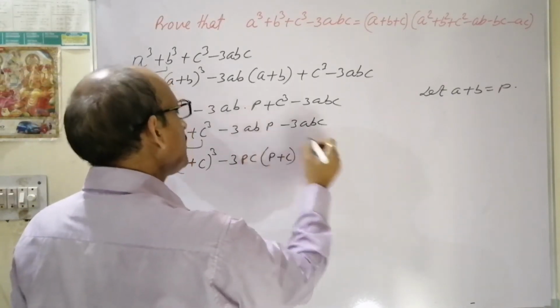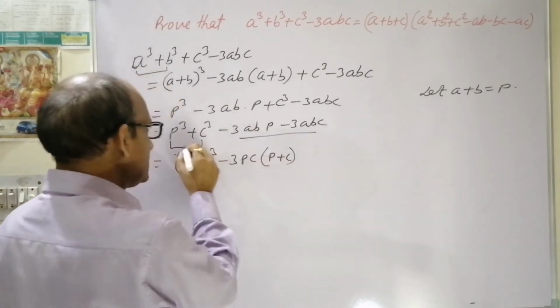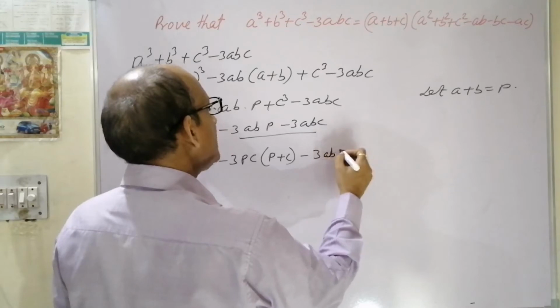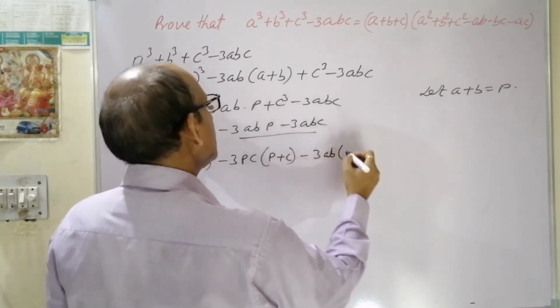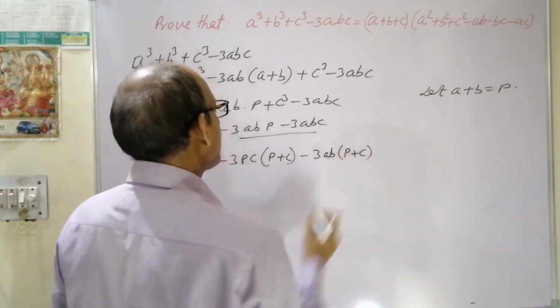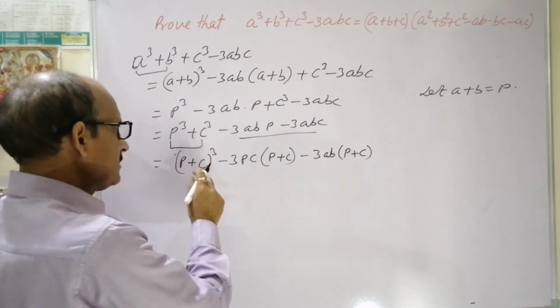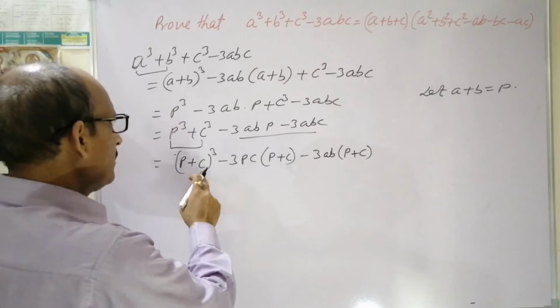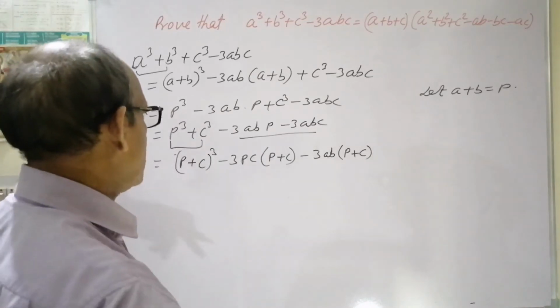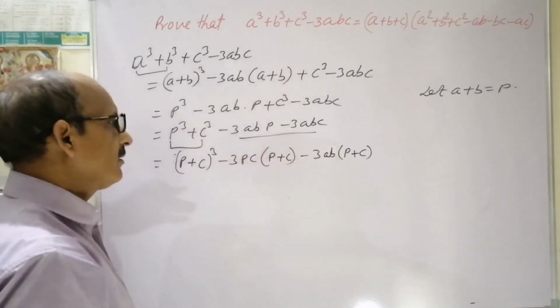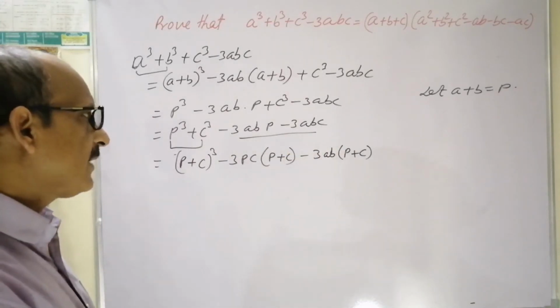Hereby we can take 3 common from these both. It was for these two terms. Minus 3ab is finally out, so we'll get (p plus c). Now p plus c over here, and we know clearly p plus c is common everywhere, so we can get p plus c common finally.